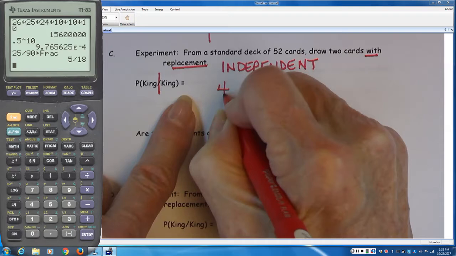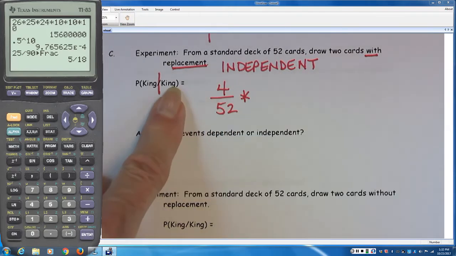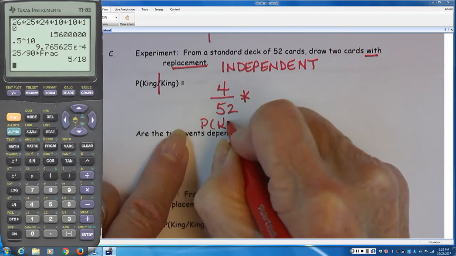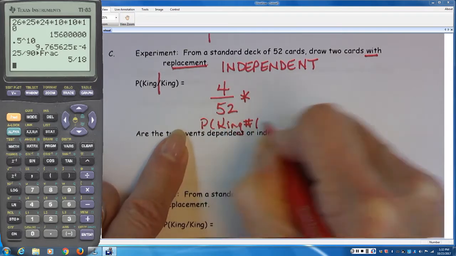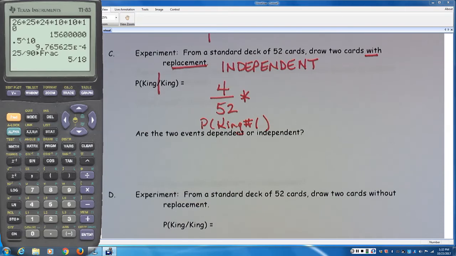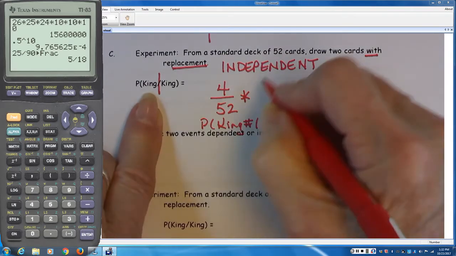Okay, there's 4 kings out of 52 cards. So there's your probability of drawing the first king. What's the probability now? And remember, you put it back, shuffled it up again and draw again. What's the probability you draw the second king? 4 out of 52, because they're independent.